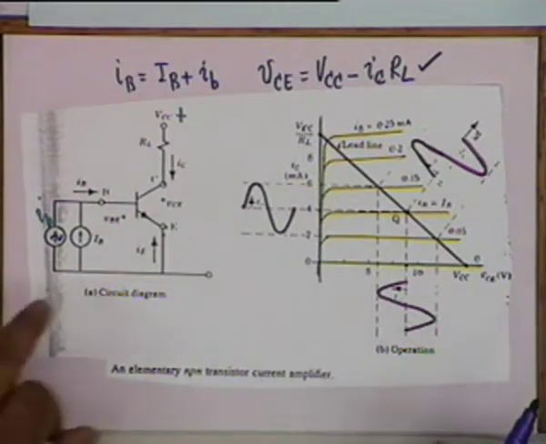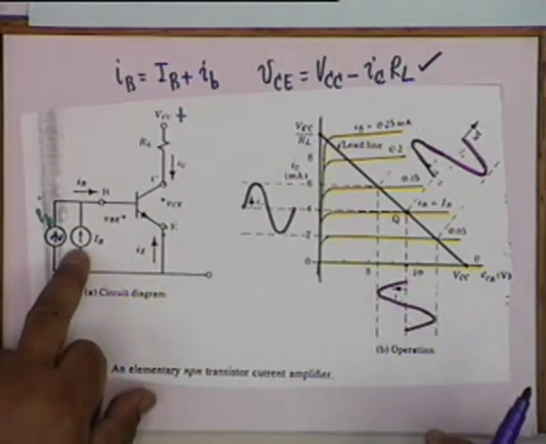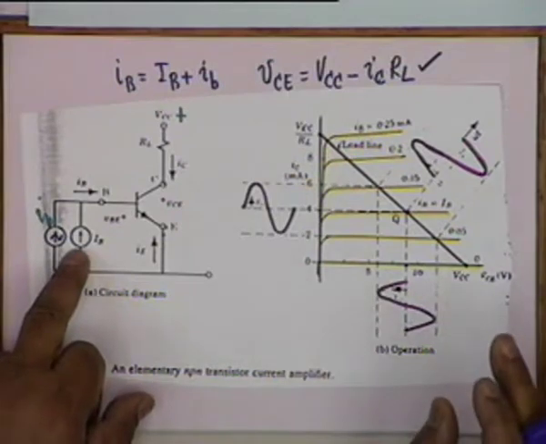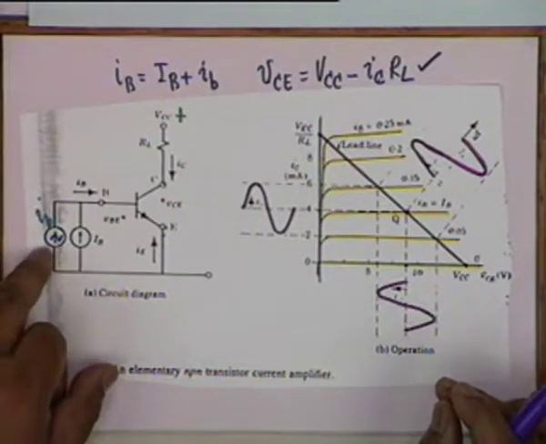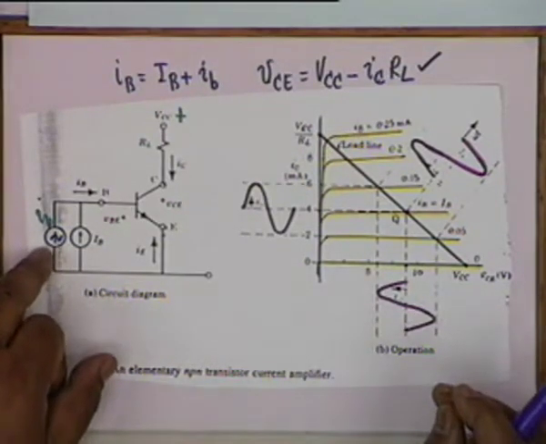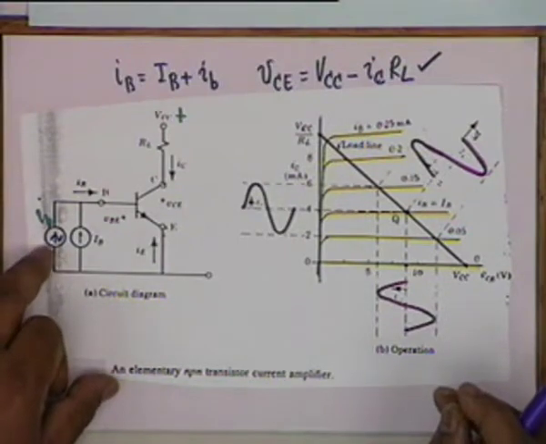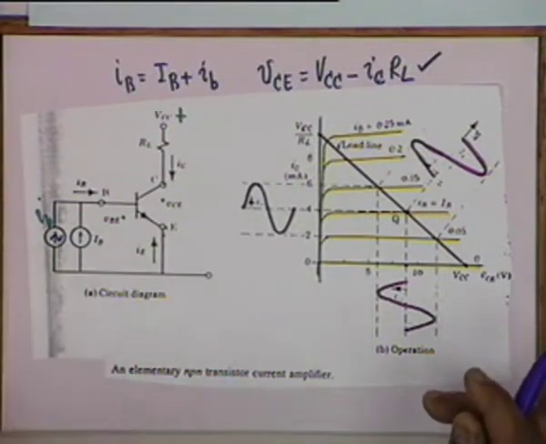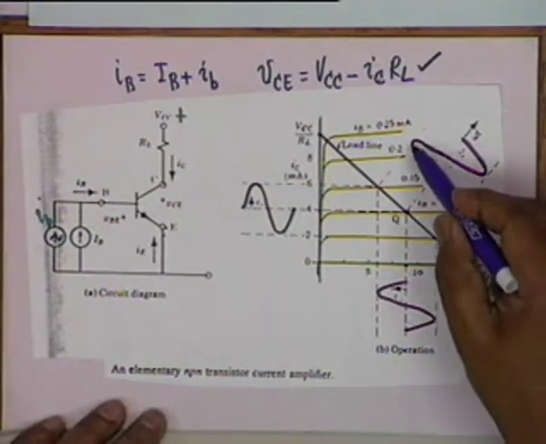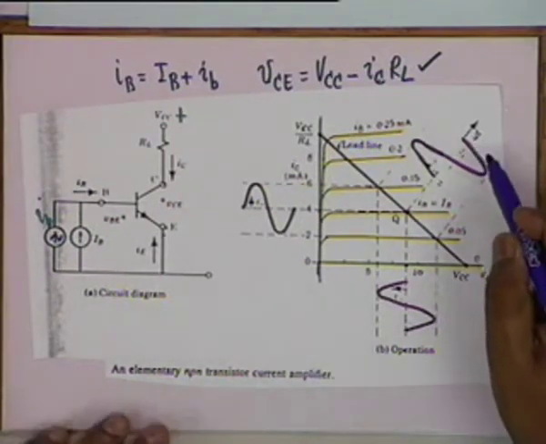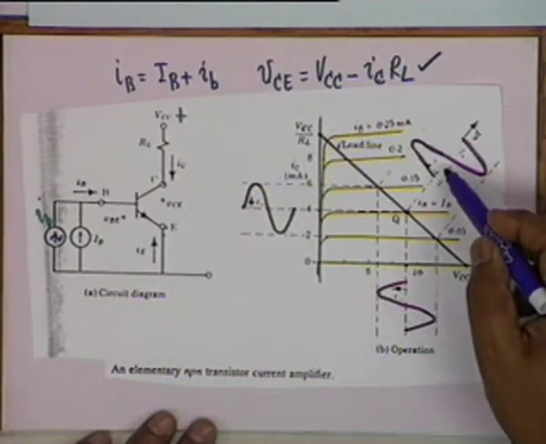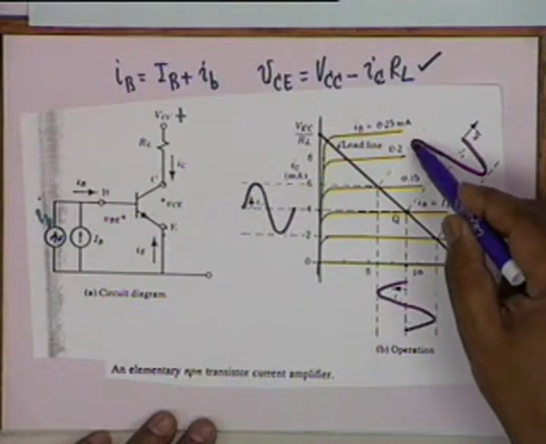Now suppose on this steady base current is superimposed a small AC base current, small i sub small b, which for simplicity let us assume is sinusoidal with a peak value of 0.05 milliampere.